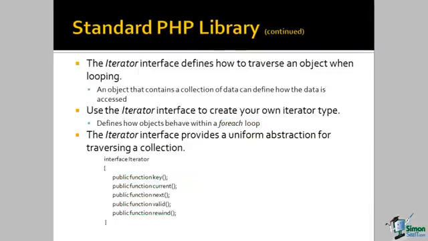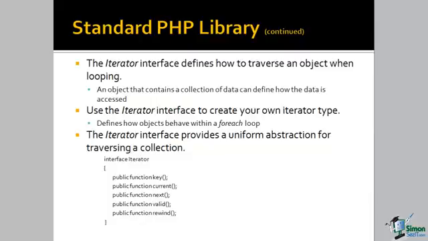The iterator interface defines how a class can be traversed, how it can be iterated over when we're looping with that class. And what this iterator interface defines is how our class object will behave within a foreach loop.